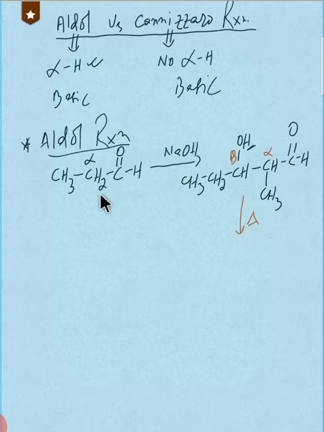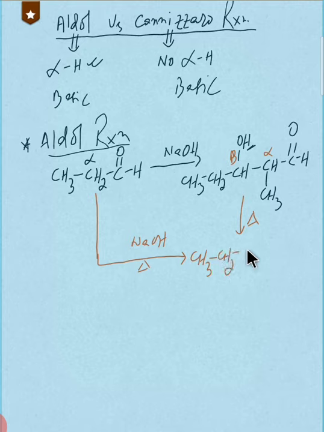So when this aldehyde is reacted with sodium hydroxide, and if it is heated, then also the aldol condensation product will be formed. So aldol condensation product will be CH3 CH2 CH double bond.